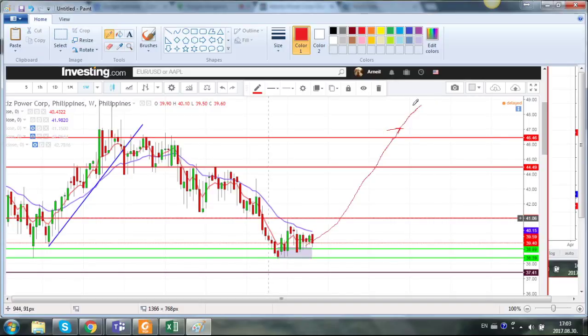So if there is a sell signal at around 49, let's say, then you will sell. That way you don't just rely on the target price, and you maximize your gains. While the stock is not generating any sell signal, don't sell. So you can maximize your profit.